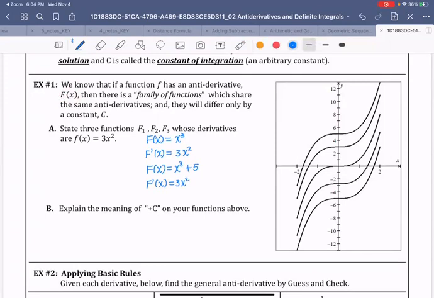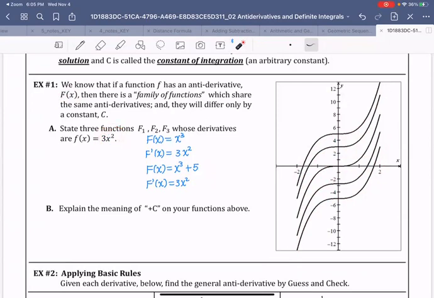So you notice that if you want to look for your Fx, you not only need to write this down, you also have to write down a capital C. This capital C means constant term, which means you can do a vertical shift up to any constant value, and your derivative is the same.